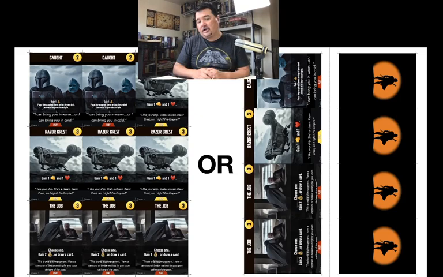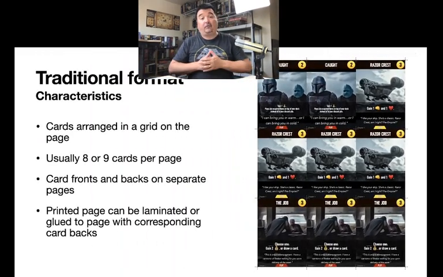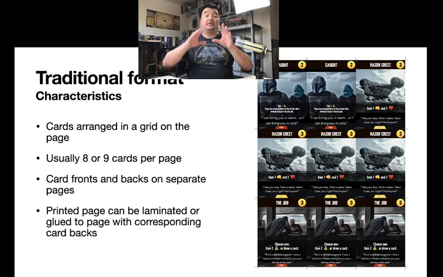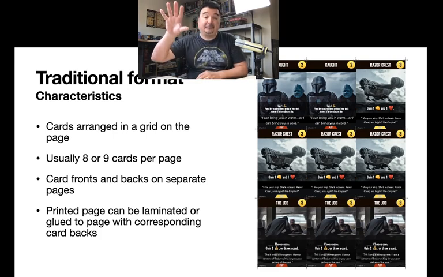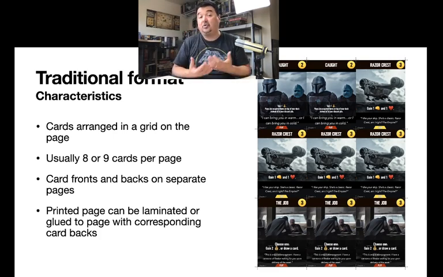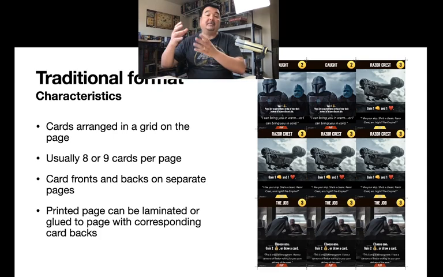All right, so let's get started with the traditional format. As I mentioned earlier, in the traditional format, the cards are arranged in a grid on the page. Generally speaking, there are 9 cards to a page if you're talking about poker-sized cards on a US letter size page. The fronts would all be on a single page, and if you've decided to include the card backs, they would be on a separate page, arranged in a mirrored format.